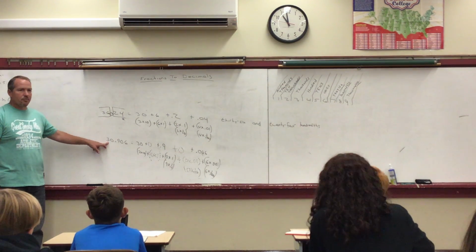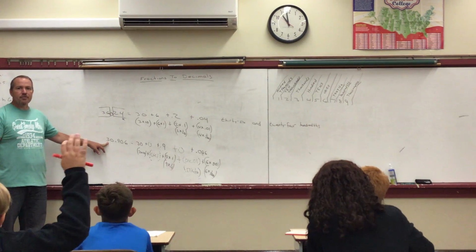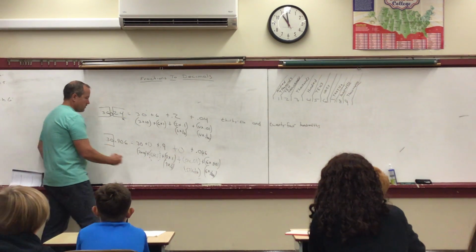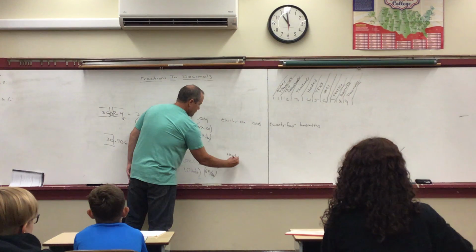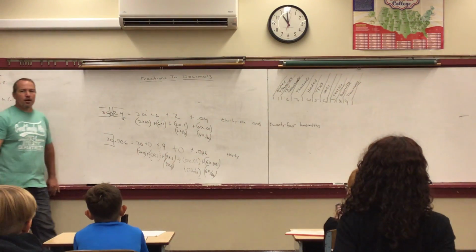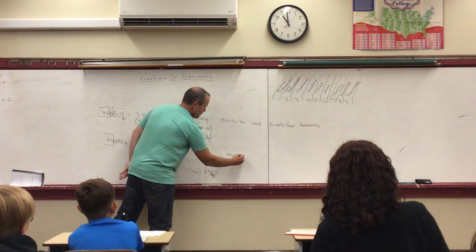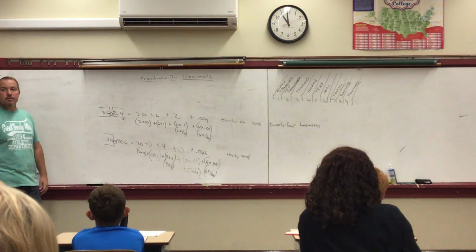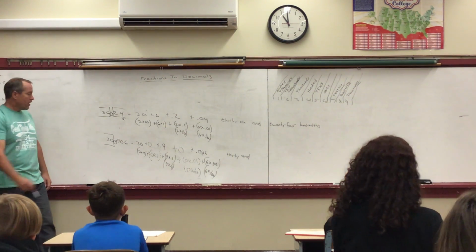If we read this one, the first part we're going to read is the whole number, which is 30. The second part, and. The third part, the number after the decimal, which is 906.